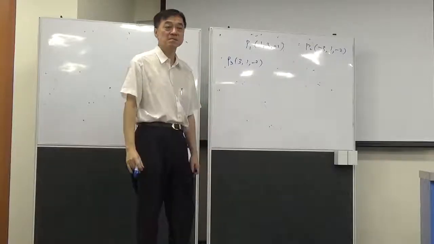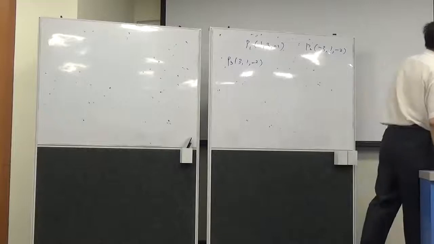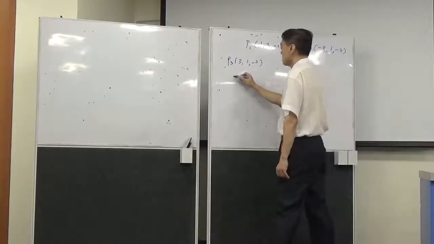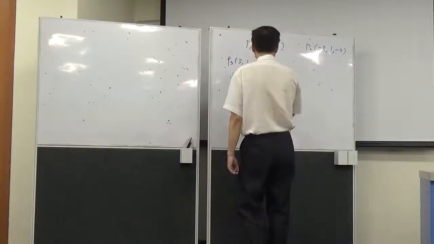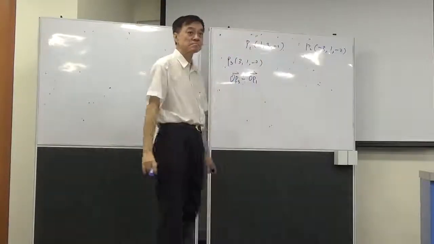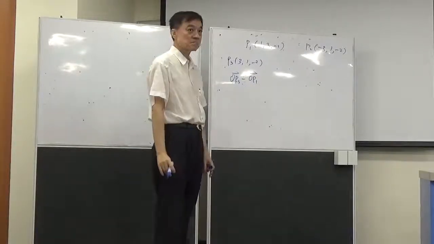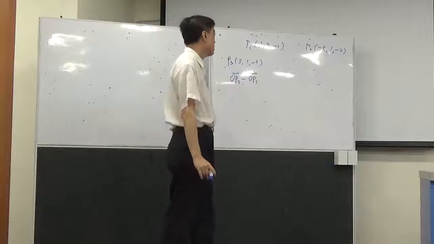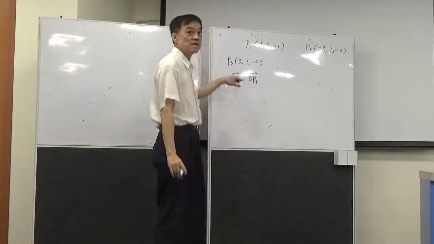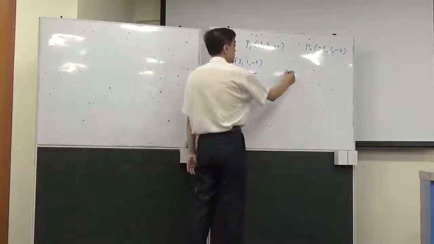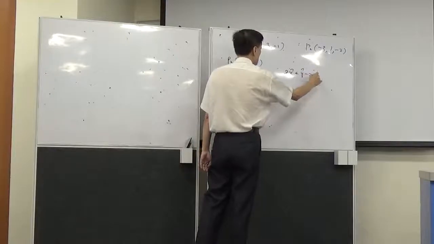Okay, somebody tell me what is OP3 minus OP1? What is OP3? OP3 is 3x plus y minus 2z.